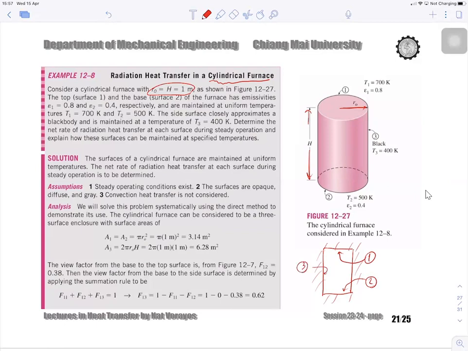Okay, and epsilon 1 is 0.8, epsilon 2 is 0.4, and T1 is going to be 700 Kelvin. T2 is 500 Kelvin. The side is black. When it's black, epsilon 3 is 1, right? It emits the most energy. Okay, and T3 is going to be 400.